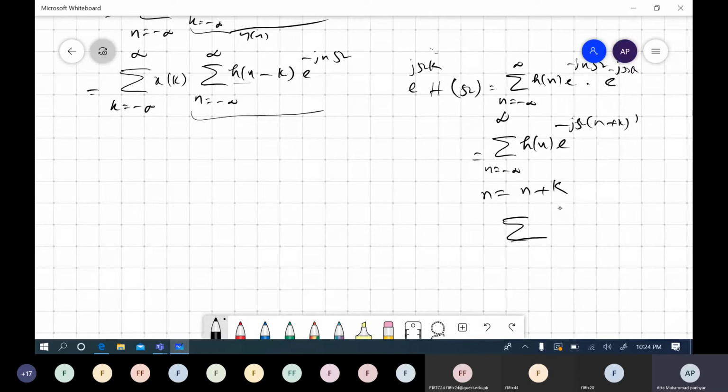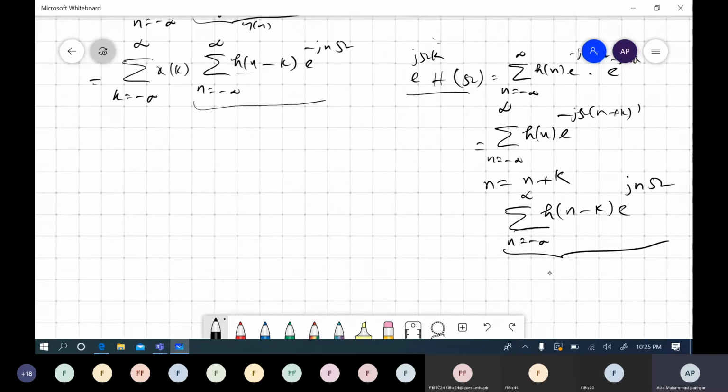Then what we end up with is h of n minus k e to the power minus j n omega, n from minus infinity to infinity. Now, if you see, this complete term is equal to what? Can we write this whole complete term as e to the power minus j omega k H of omega?